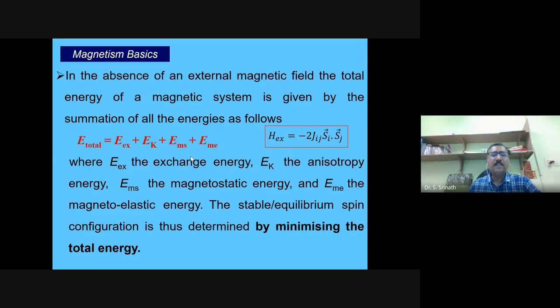For that discussion, even though I wrote here total, I am neglecting the Coulomb and other parts of energies. Basically I am looking at the spin orientation or magnetic configuration. I'm already assuming that it's a ferromagnetic material. Ferromagnetic or antiferromagnetic, but so as not to confuse yourselves, let us restrict to ferromagnetism now.